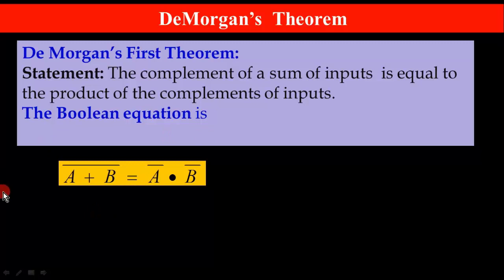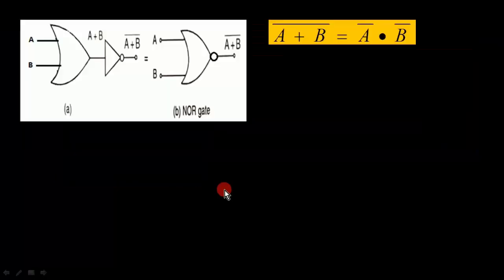Here we see that on the left hand side we have the complement of the sum, and on the right hand side we have the product of complements of the inputs, which is nothing but the statement of De Morgan's theorem.